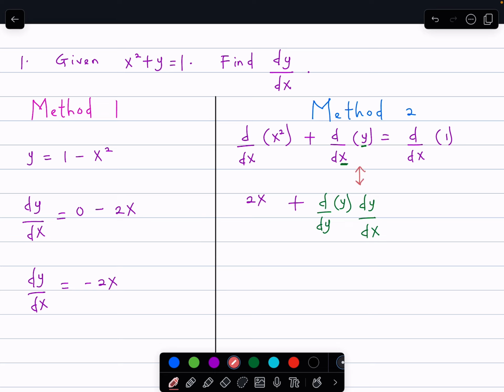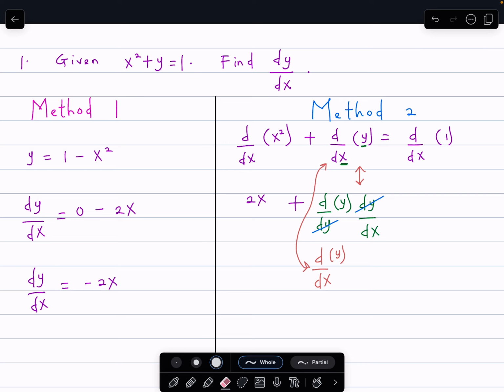Let's say I divide this dy and this dy, what am I left with? I'm left with d/dx of y, which is exactly what I have here. So they're actually exactly the same thing.